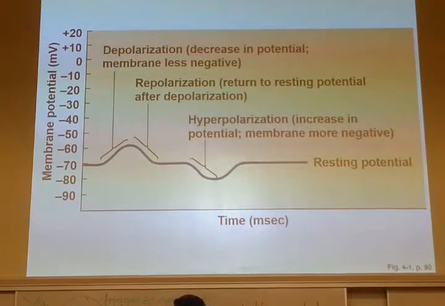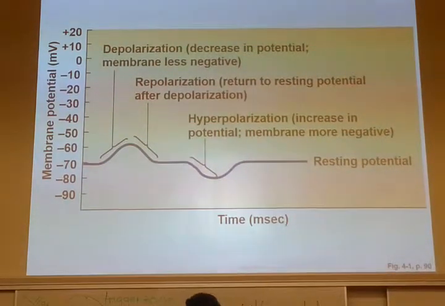potential at the initial segment or trigger zone. The amount of sodium that comes in is more than enough to trigger the opening of the sodium channels downstream. Once you open those and sodium starts to rush in, you get retrograde and anterograde, so backward and forward, movement of sodium.